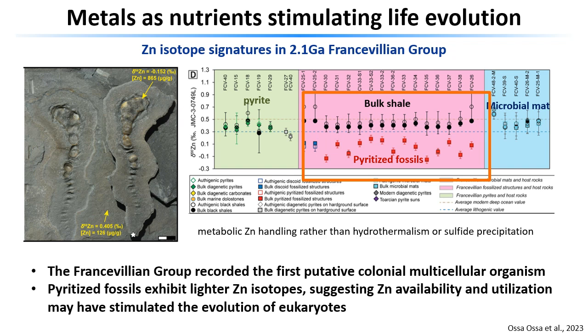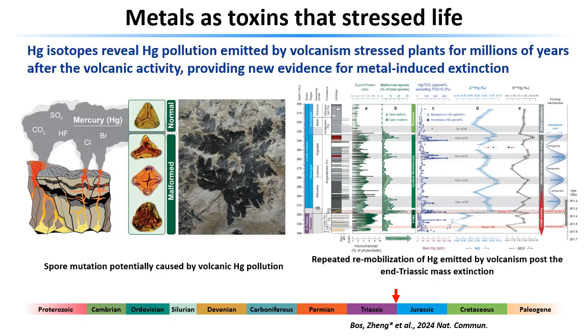So this difference was likely caused by metabolic zinc handling rather than hydrothermal activities or sulfide precipitation. So this suggests that zinc availability and utilization may have stimulated the evolution of eukaryotes.